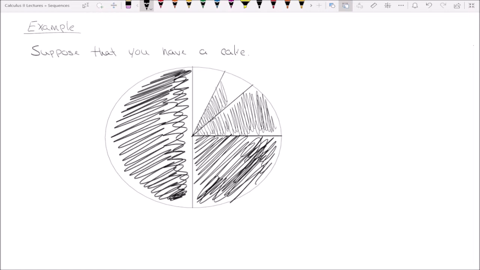Let me continue on in this pattern. The question is, we want to determine a sequence that represents the amount of cake that remains after each day.